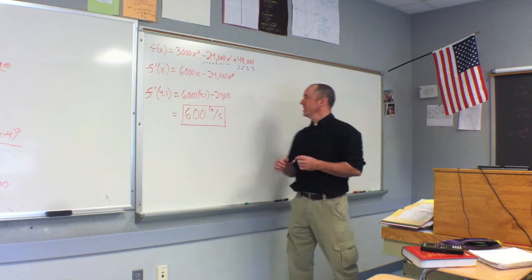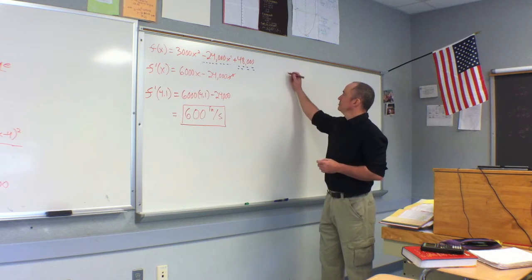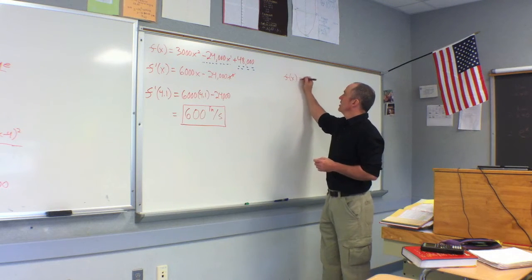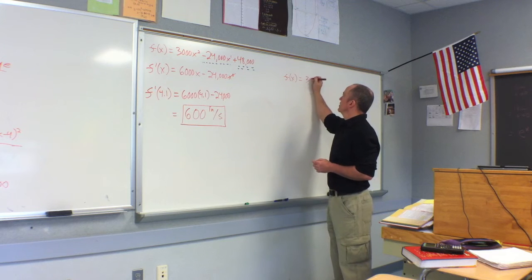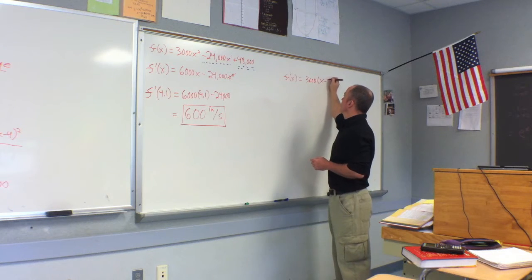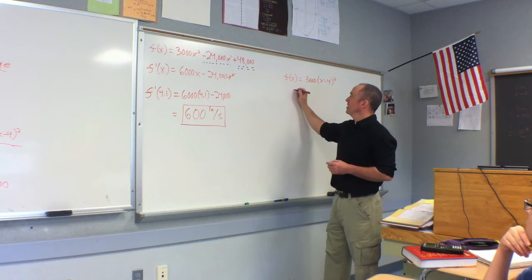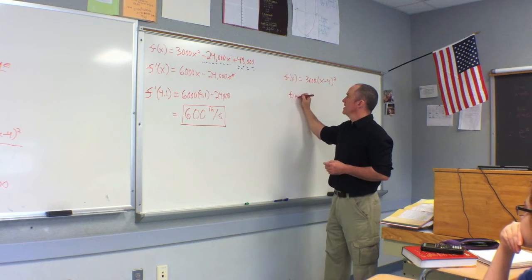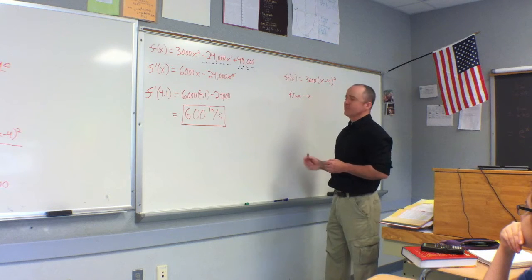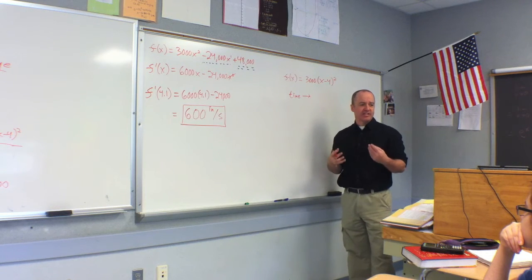When I was plugging values into this, what was that telling me? When I plugged in time as my input, what was my output of that function? What did that tell me?